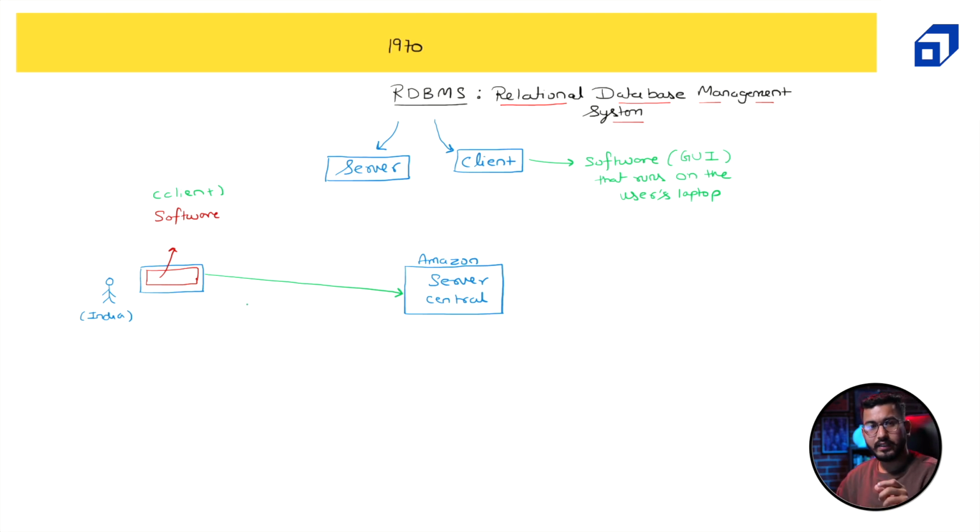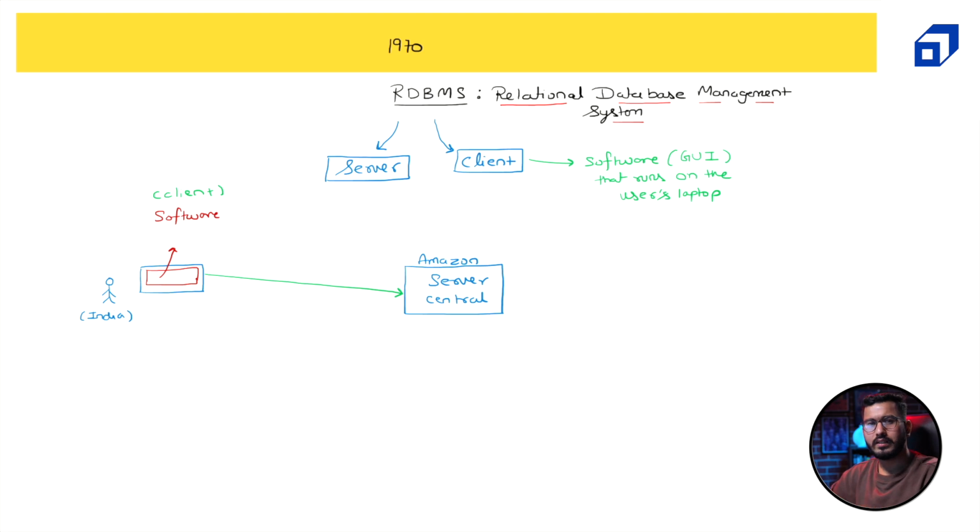Now, on this particular software, which is the client, the user can input his or her credentials, and that will let the user connect to the server. Once the user is connected to the server, the user can communicate the requirement to the server: hey server, I need XYZ details, or maybe, hey server, please return me the top 10 customers who have made a purchase, or maybe, hey server, please return me the top 10 products that were sold yesterday.